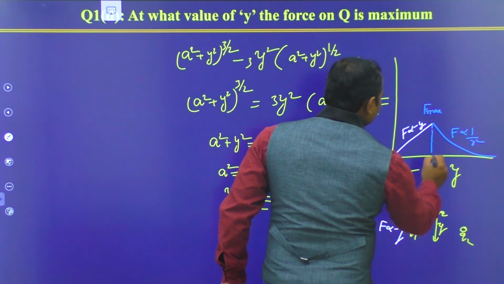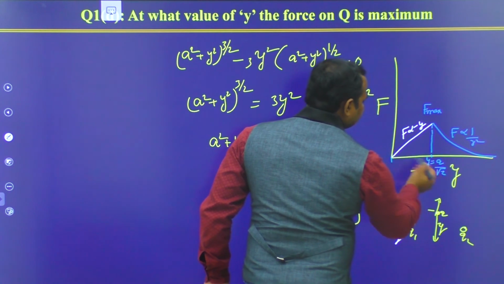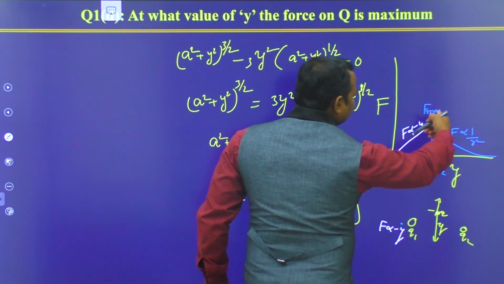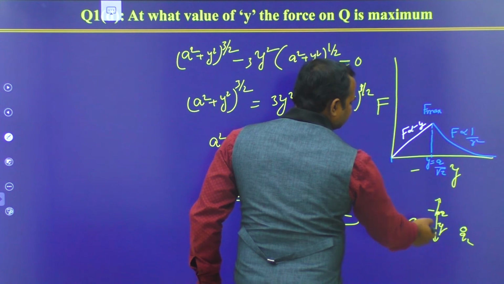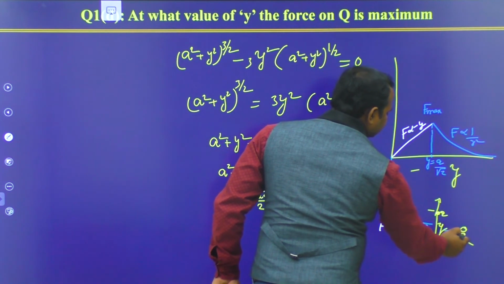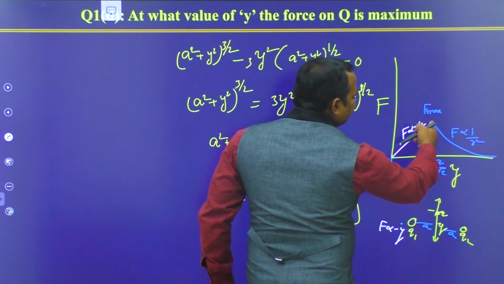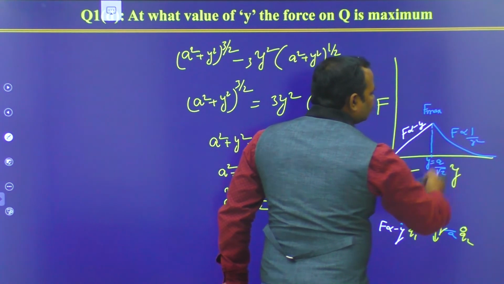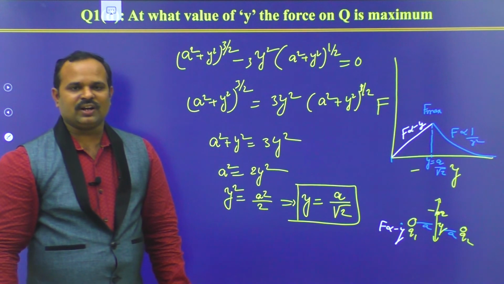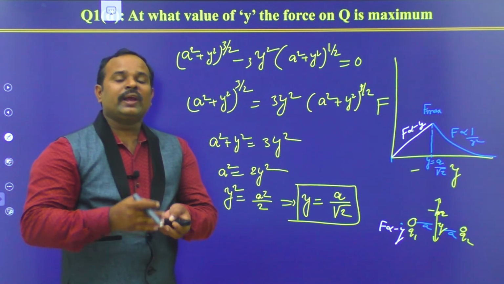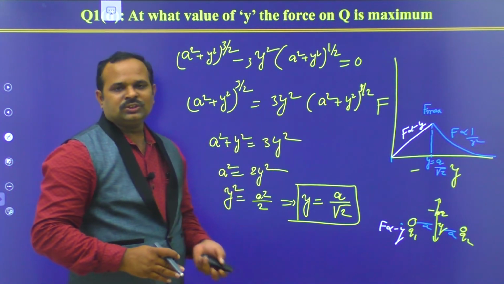That means from here to here, the charge exhibits a simple harmonic motion, and the maximum force is at a/√2 distance. This is the a, this is the a. And beyond this distance, if you go further, then the force is directly proportional to 1/r². That is the inverse square law. So this is how we can get a lot of information by using Coulomb's law.